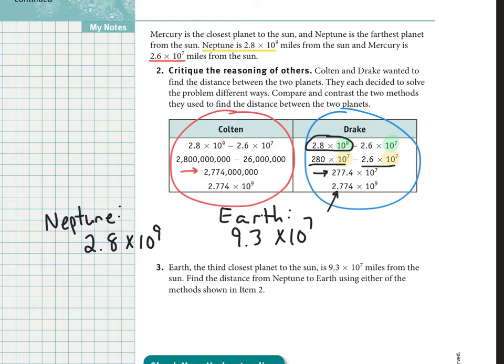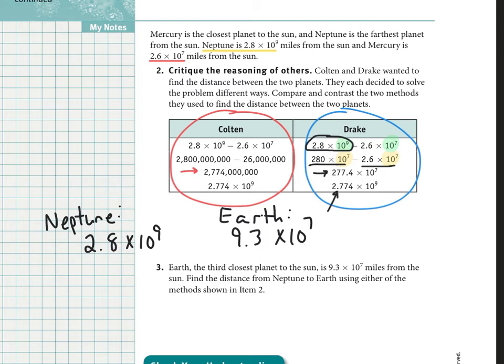Again, we can decide: do we want to go to standard form and write all the zeros out, or is it easier to get them in the same exponent of 10 and then subtract? We can do both methods.